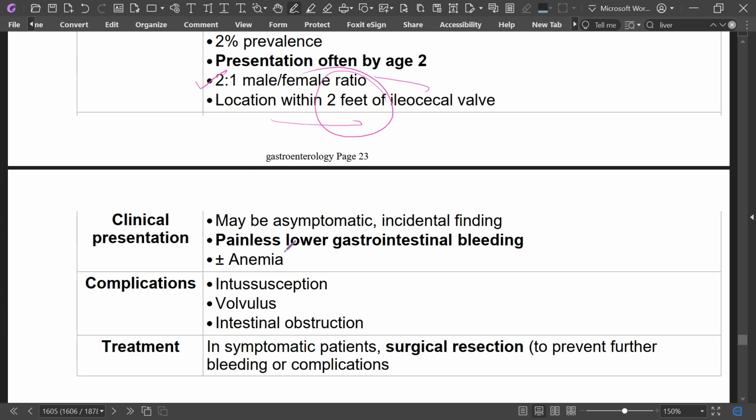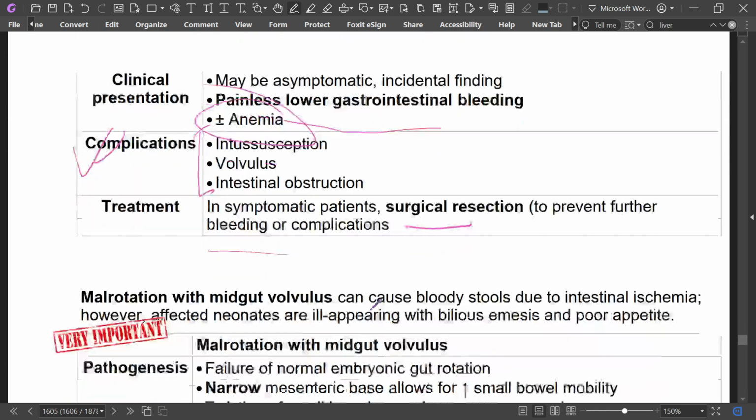It may be asymptomatic, with painless lower GI bleeding and anemia. Complications are intussusception, volvulus and intestinal obstruction. In symptomatic patients, surgical resection prevents further bleeding or complications.